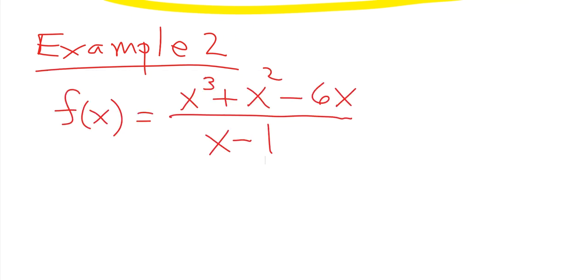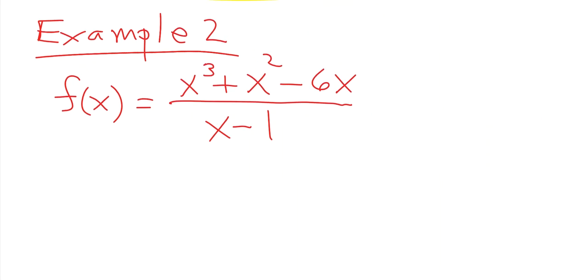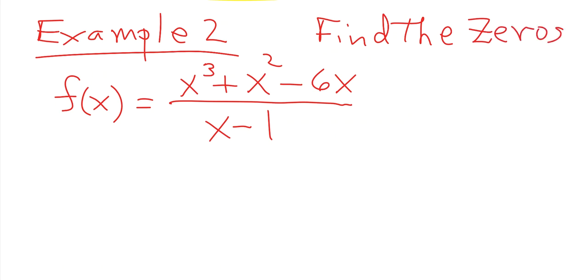Okay, example number 2, we will be trying to simplify this expression as well as identify the excluded values, and we're going to find the zeros. So let's say we're going to find the zeros and excluded values.